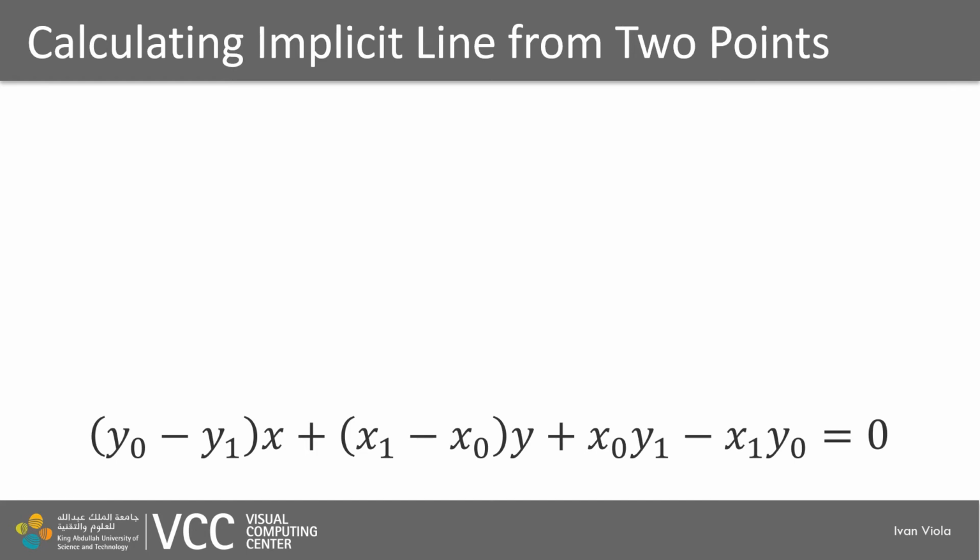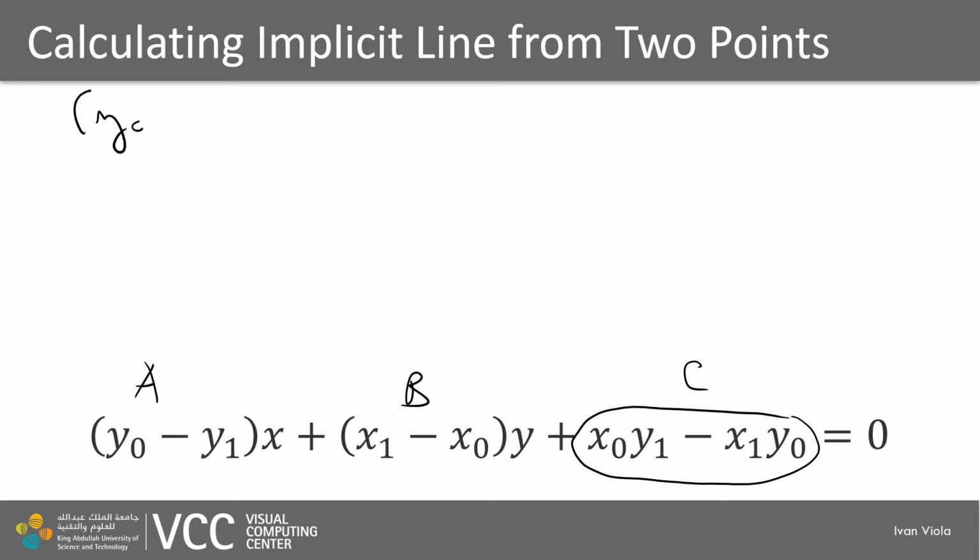So now we know what is A and B, and now we will compute the C part. The C part can be calculated by simply entering one of our points into the equation, which should be equal to 0. So let's do it.